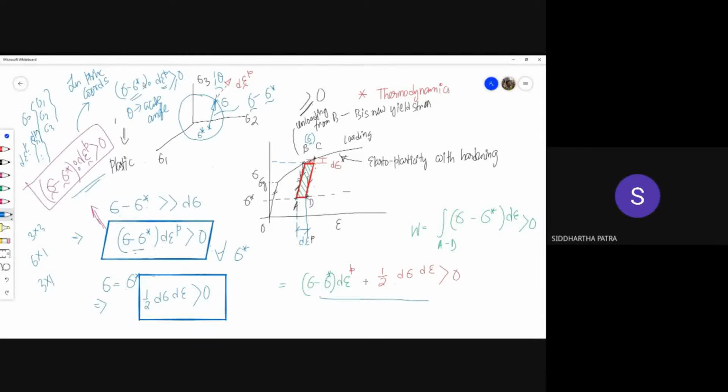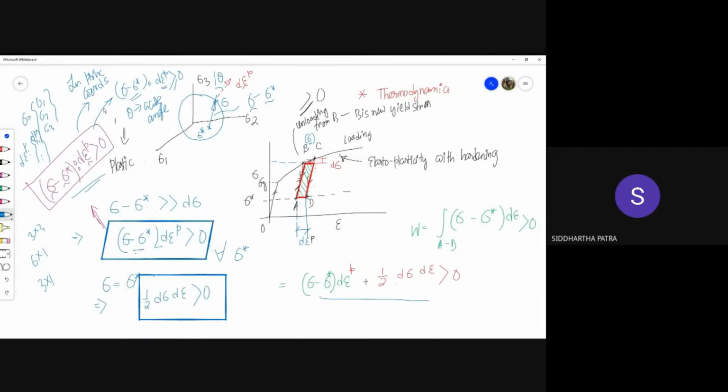Then this inner product right here essentially becomes a dot product, and then we can really talk about this angle theta, which needs to be an acute angle.